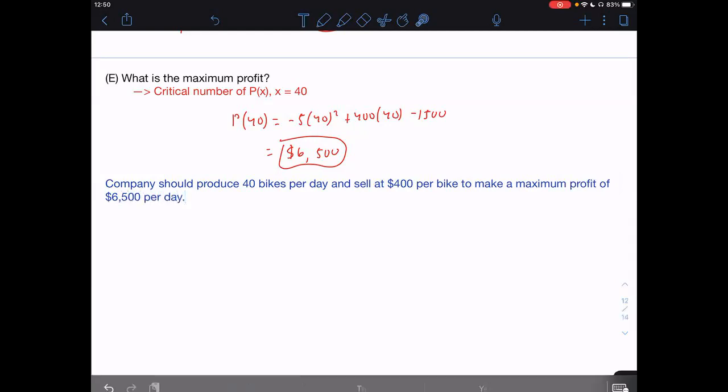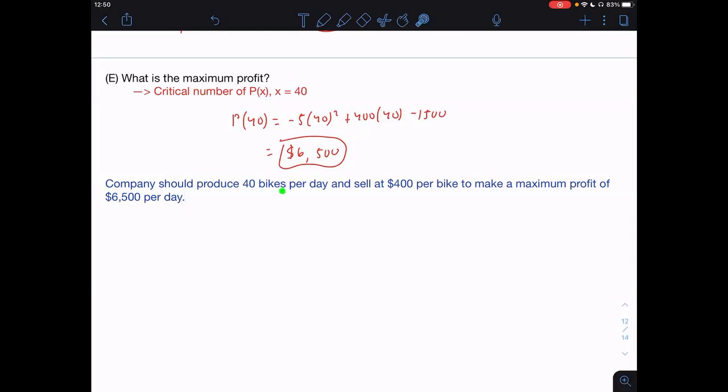So this company is efficient at making 40 bikes per day, and if they're able to sell all 40 bikes per day at $400 a piece, then they can make a maximum profit of $6,500 per day.